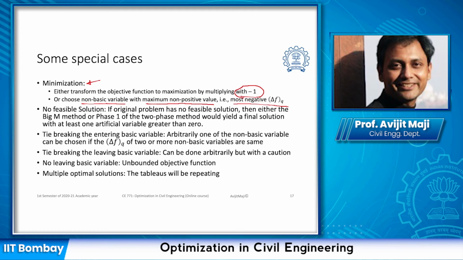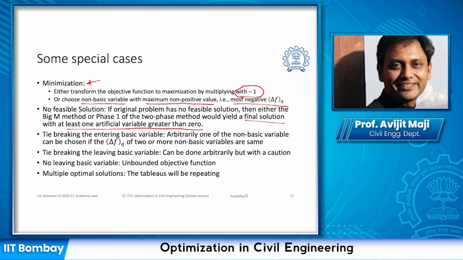So if the original problem has no feasible solution, basically when we introduce the big M method or phase 1 method, we'll find out that the final solution which we are going to obtain will have at least one artificial variable greater than 0. So if an artificial variable has greater than 0 value, that means it is going to stay in the tableau and not going to allow the method to conclude. So at that point, we know that we have a problem which has no feasible solution.